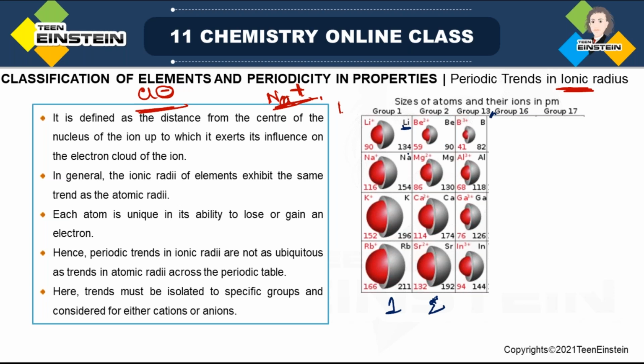The gray part value is given as 134 picometer, and the red part, which is the size of the cation lithium plus, is 90. So obviously, when you have removed the electron, the size will always decrease. It has to be. So that is why, for all the left-hand side red colored values, which are the values of the cation, the gray part is larger in size, because it is neutral. The neutral values are given in black color.